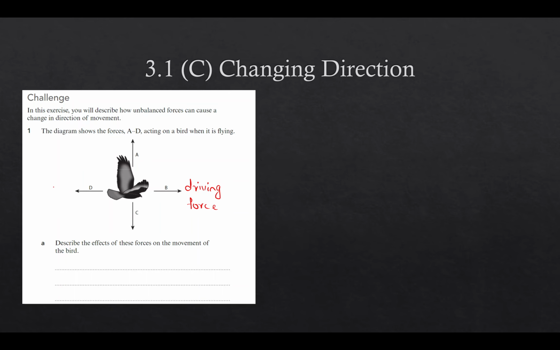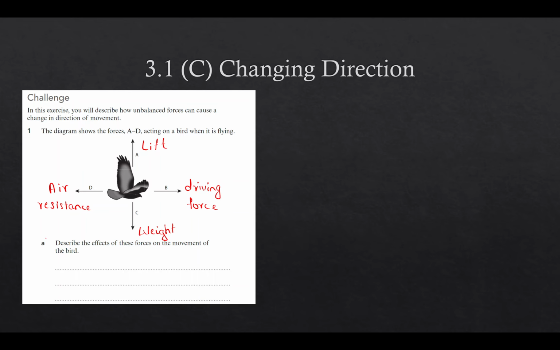Let's just call it air resistance. Now C is acting downwards, which means C is caused due to gravity. So this will be weight of the bird. And the bird is trying to overcome that weight, overcome that force by applying a thrust upwards, or this is also called as lift.